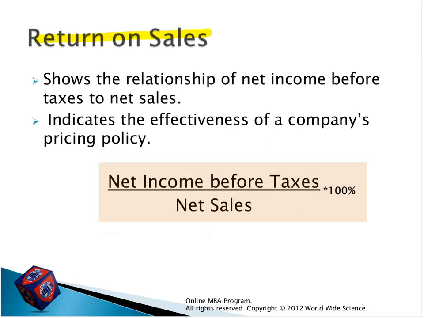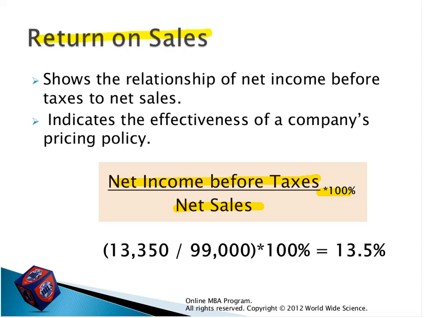So here, we have to take our net income before taxes, which we can get from our income statement, and divide on net sales. Right, so as well, if you would like to see the percentage, just multiply on the 100%. So calculation following, and the result we have got is 13.5%.